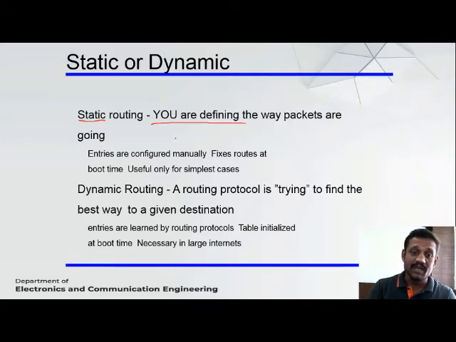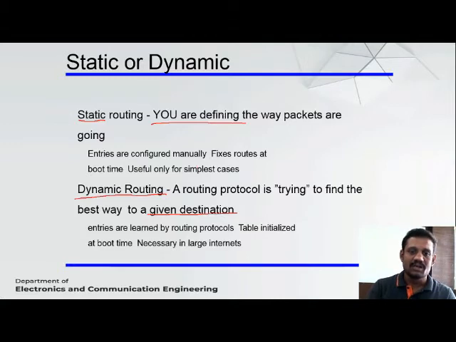But if I am choosing many routers, I don't know which way is best for transmitting data. At that time I will apply the methodology of dynamic routing, where a routing protocol tries to find the best way to a given destination.